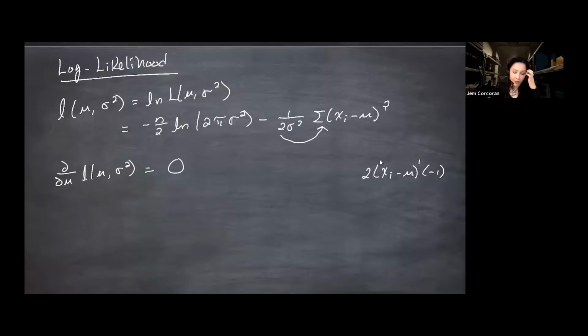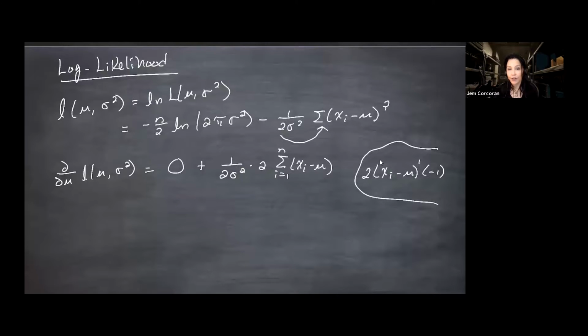And doing that on all the terms, I'm going to get positive 1 over 2 sigma squared times 2 times the sum as i goes from 1 to n of xi minus mu. So I just brought the derivative into the sum and took the derivative of each of those guys. Okay, so blah, blah, blah. Lots of blahs today.